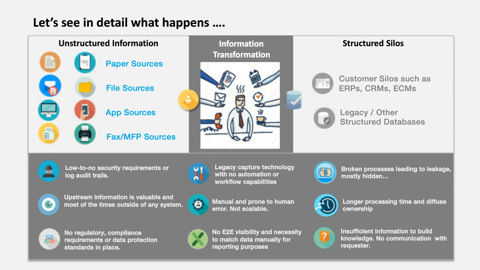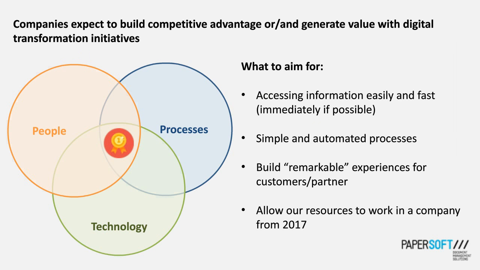So, moving a little bit, when we target and design these initiatives of digital transformation, it's key to have it all. So we should aim for 4 points that I've put there.